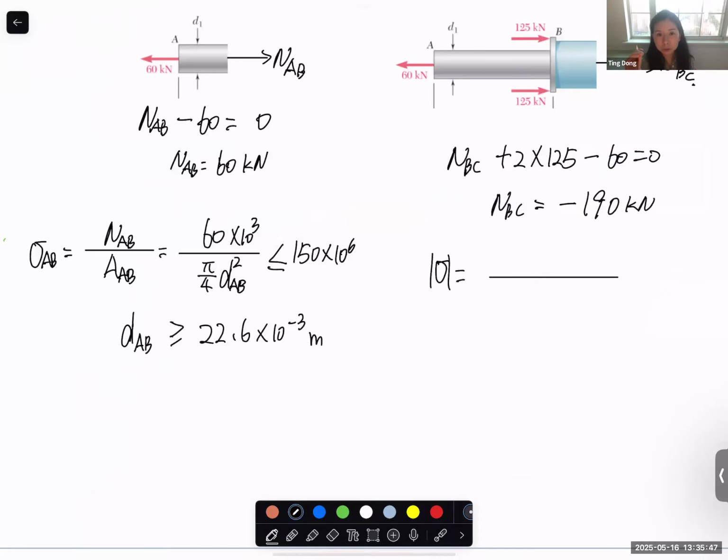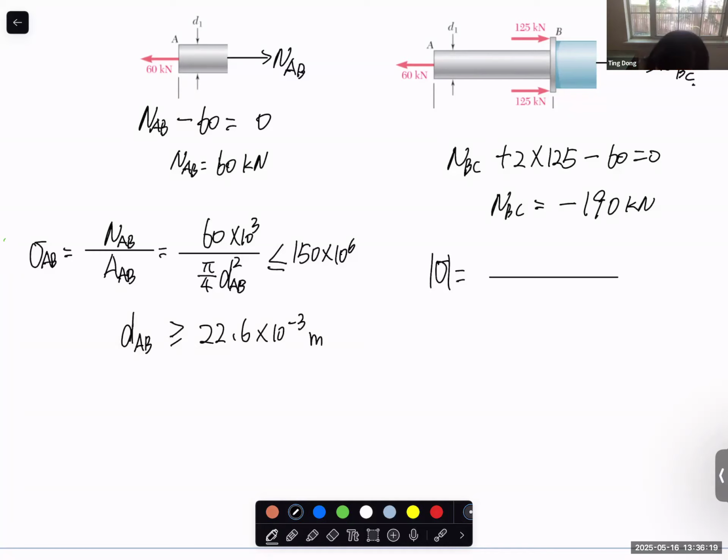But I do want to clarify here, for some of you from material science, in real situation, a lot of times the material can survive a higher magnitude of compressive stress than tensile stress. But here this is a simplified calculation problem. So we consider it fail at the same magnitude. So tensile 150 fail. Compressive 150 fail.